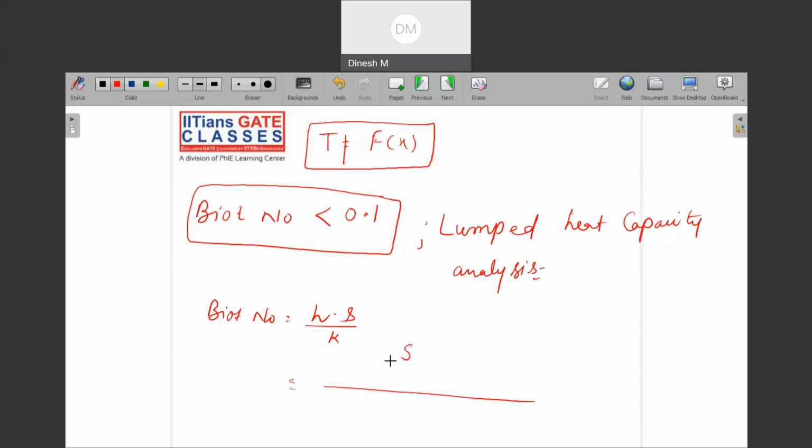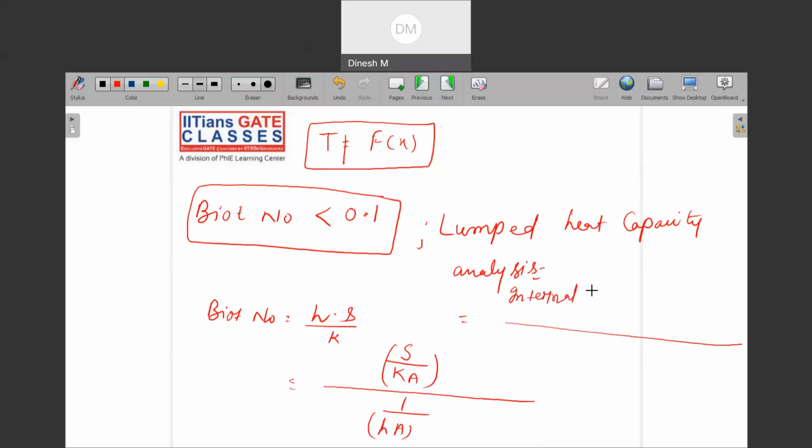Can I write this as (S upon kA) divided by (1 upon hA)? Can you see that hA and A will get neutralized? Then this is nothing but hS upon k only. This S upon k is nothing but the internal conduction resistance, right?